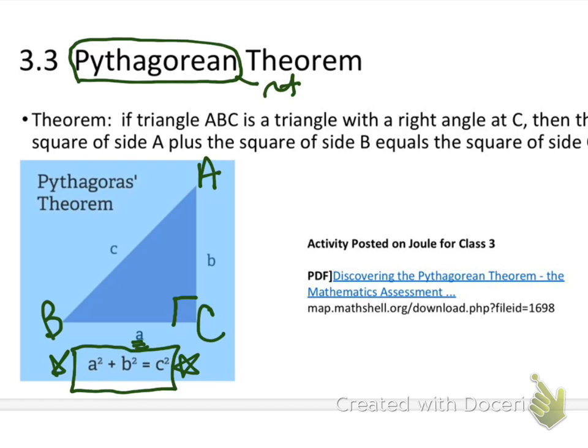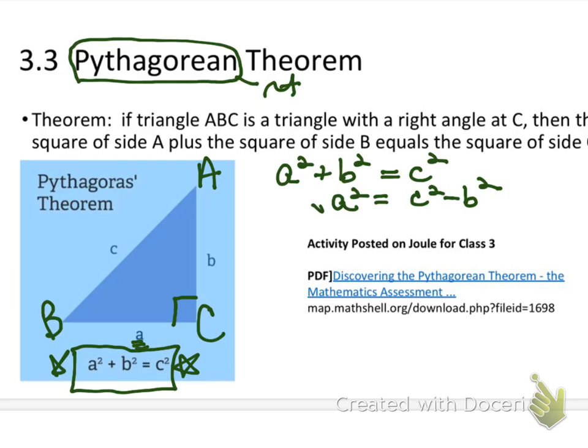So I'm just going to keep everything in terms of variables right now, but what if I said I would like to find out the length of A in terms of B and C? So what I would do is I'd subtract B squared from both sides, and I would say that A squared equals C squared minus B squared.